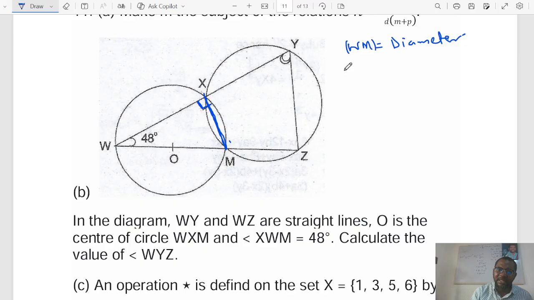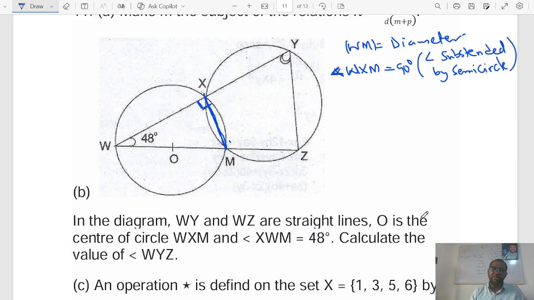So I can say that angle WXM is equal to 90 degrees. I can give my reason: angle subtended by a semicircle. Or you can just say angle on a semicircle, or angle subtended by a diameter, that's fine.